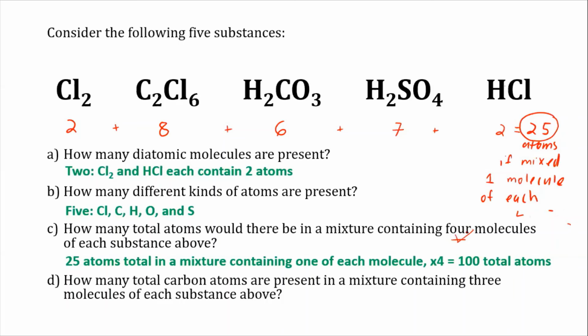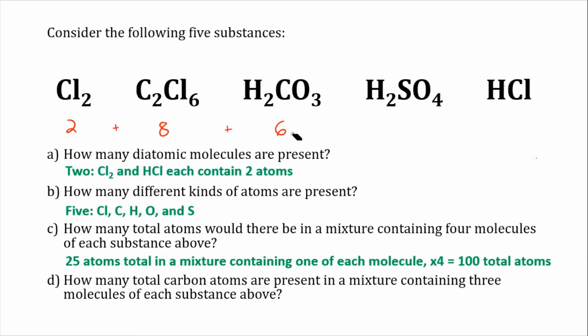Let's get rid of this. And as I'm erasing, you can look at the next one. So how many total carbon atoms are present in a mixture containing 3 molecules of each substance above? So we're just interested now in carbon atoms, and we have a mixture of 3 molecules of each of the above substances.